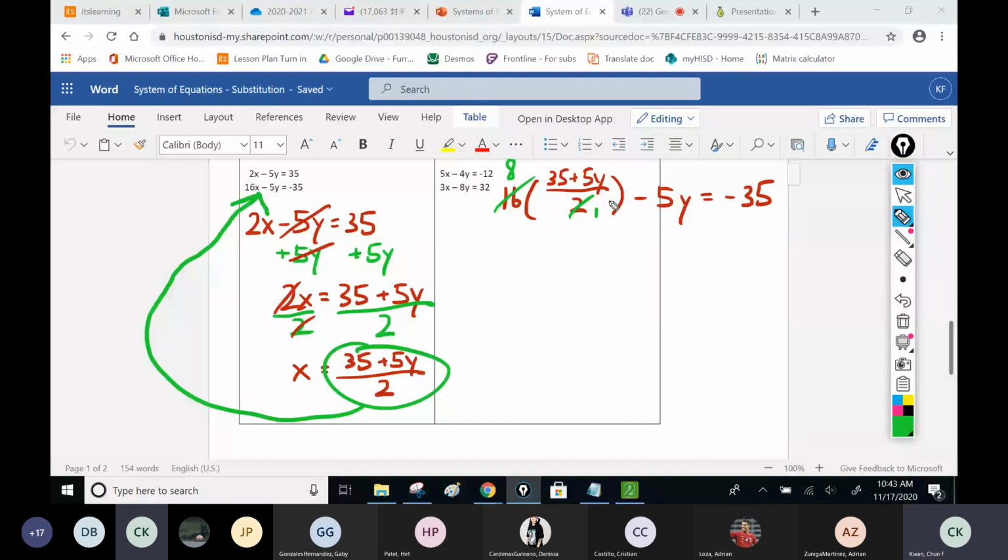So that means I'm going to get 8 times (35 plus 5y) divided by 1. Or you can just skip it, because divided by 1 really doesn't mean anything.